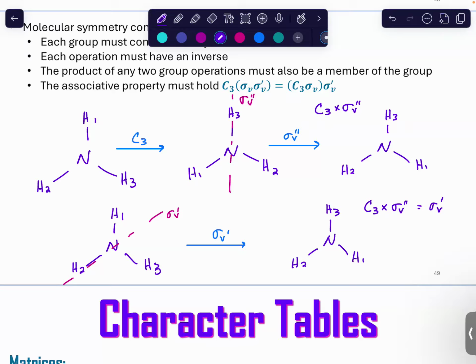Otherwise it'd be C3 times sigma V equals sigma V. I want to differentiate to show that even though they're equivalent, they would all technically be sigma Vs. Now that we have H1, H2, H3, I'm going to call them sigma V through hydrogen 1, prime through hydrogen 2, double prime through hydrogen 3. I'm just using this to denote the difference, so you can actually see the multiplication of two different elements equals another element. Okay, I get it.